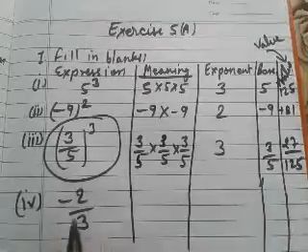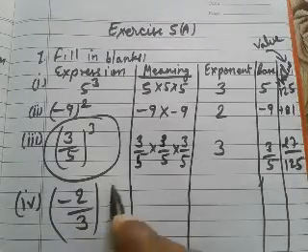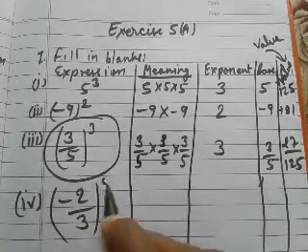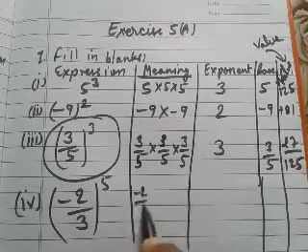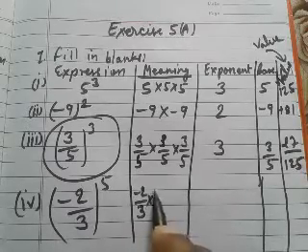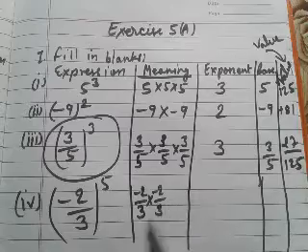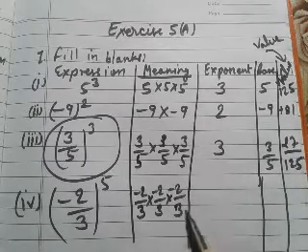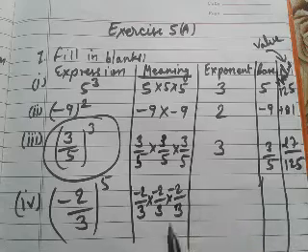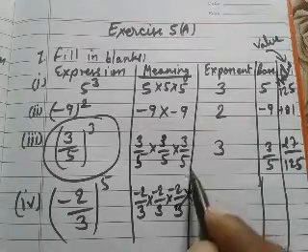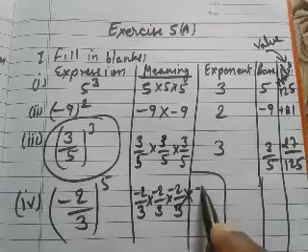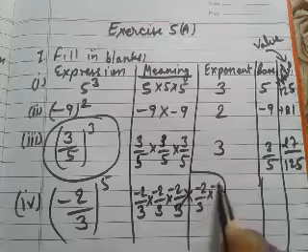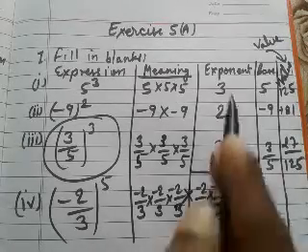And the last question is minus 2 by 3 to the power 5. It means minus 2 by 3 is written 5 times. Next I write here minus 2 by 3, minus 2 by 3, and so on. What is the exponent?